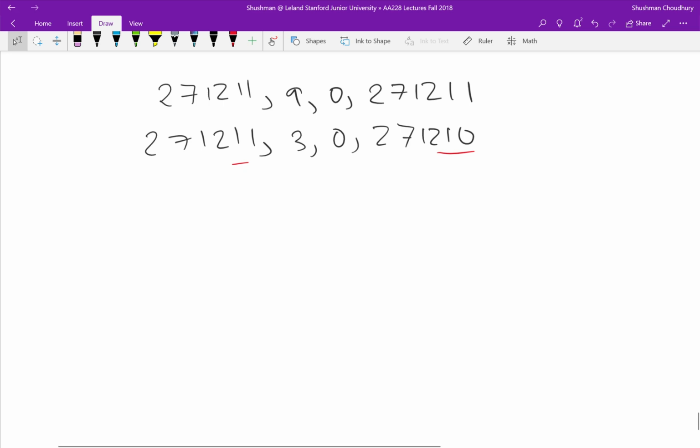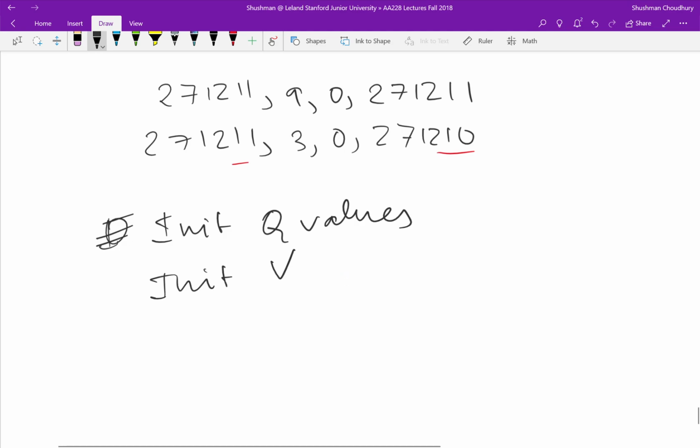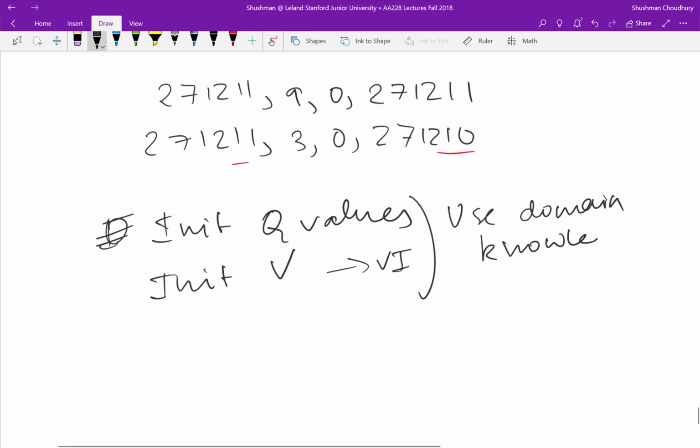And you could use that as an initializer of your Q values, or an initializer of your V if you're doing value iteration. If you just use your in-domain knowledge from observing the data here, that actually might be enough to get you a reasonably good policy.